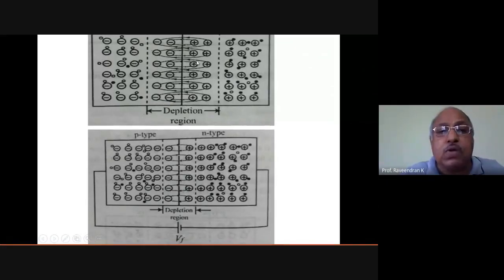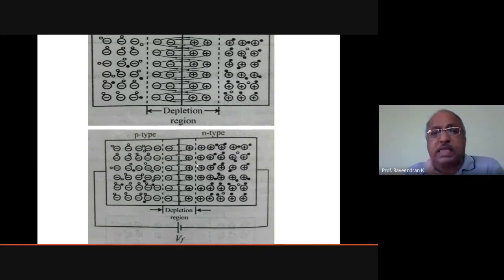Initially, when there is no voltage connected, this is the depletion region. But when the voltage source VF or EF is connected here, this electron hole recombination takes place. Effectively, the depletion region gets reduced. The width of the depletion region gets reduced.